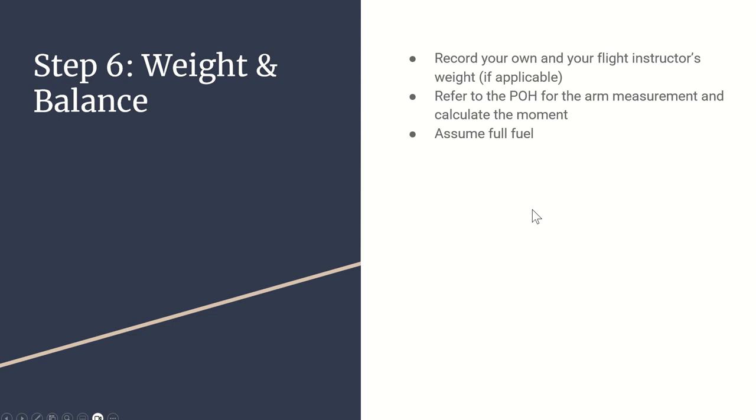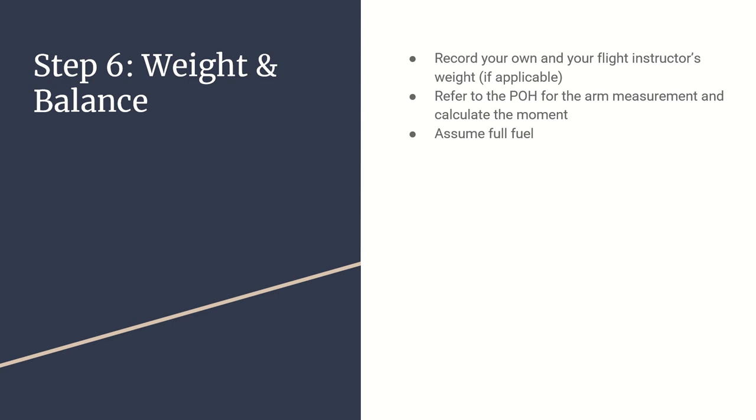Weight and balance is the next thing. We already know how to do that. So go ahead and record your weight and your flight instructor's if you're going on a dual. For this project, you don't have to include another person. You can just have yourself. And look at the POH for all the information that we've gone over so far, right? So find the arm or station that's appropriate to your seat position.